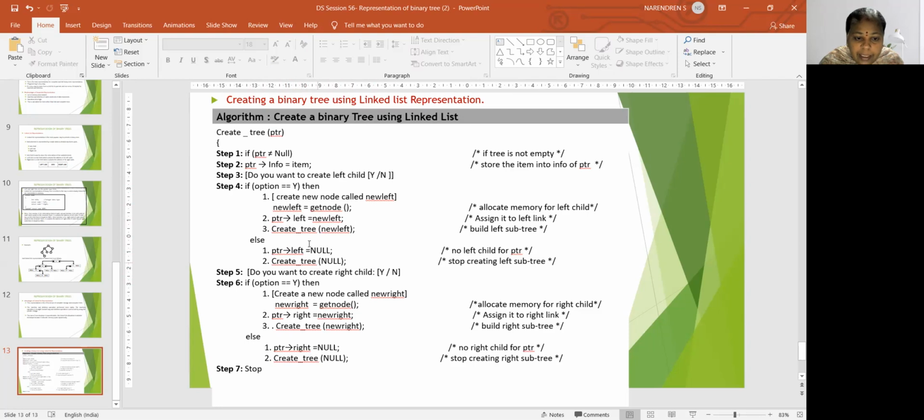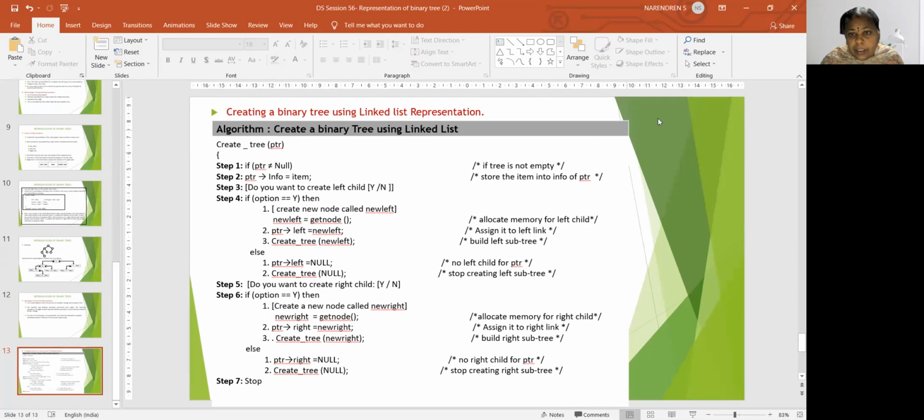Else you create a null, meaning if it is a leaf node you create a null. Then if you want to create a right child, repeat the same process, and once the right node has been created, you stop. These steps should be repeated until it reaches the leaf node. So this is the simple algorithm for a binary tree using linked list representation.